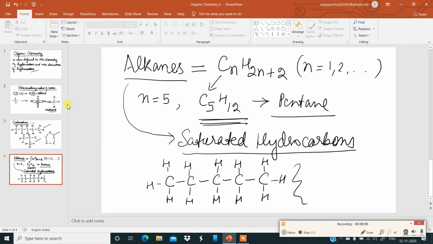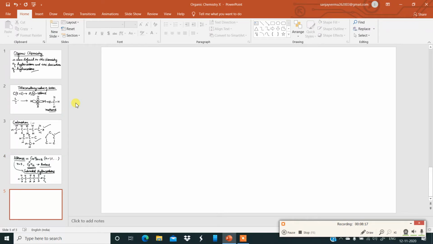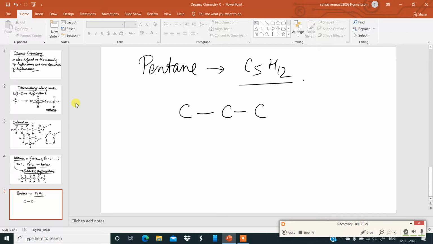Okay. Now this same structural formula of pentane can be written in another form also. Pentane, the molecular formula is C5H12. So this can be written in another form also. 1, 2, 3, and one more carbon here, and the rest of the positions can be occupied by hydrogen, like this.